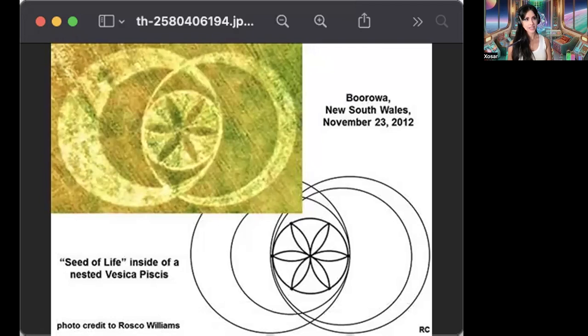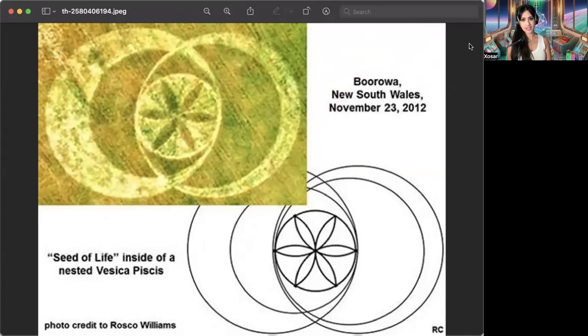As you can see, there are some crop circles that depict this particular shape, and this depicts that same floral shape in the middle of what's almost a Vesica Pisces, but has a slightly different geometry for each one of the circles here.